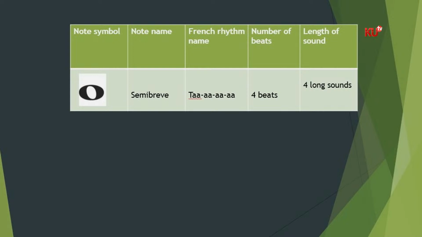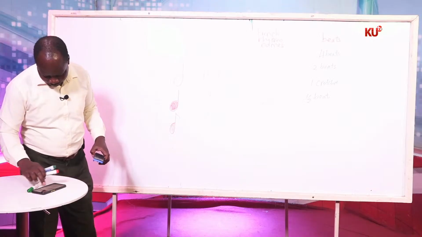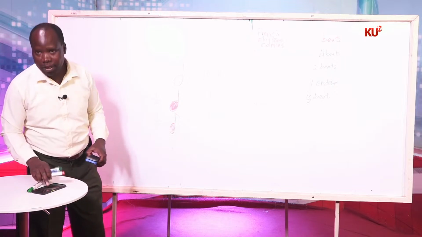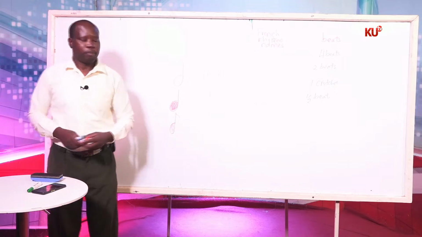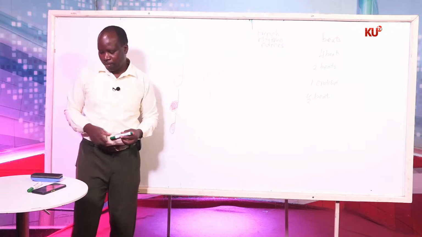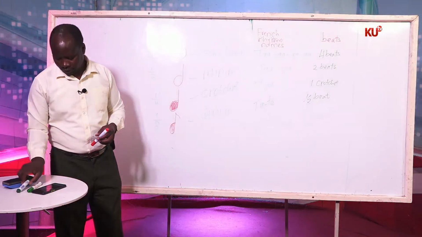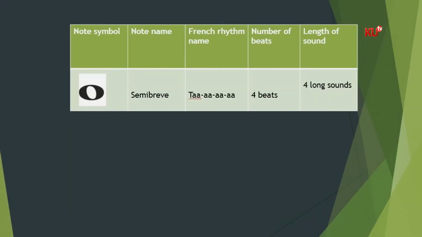So those are the number of beats that we have. You can move to the previous one, where we have the number of beats. So semibreve has 4 beats. Ta, a, a, a.